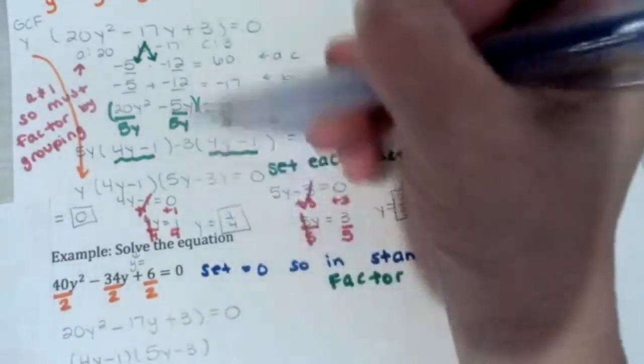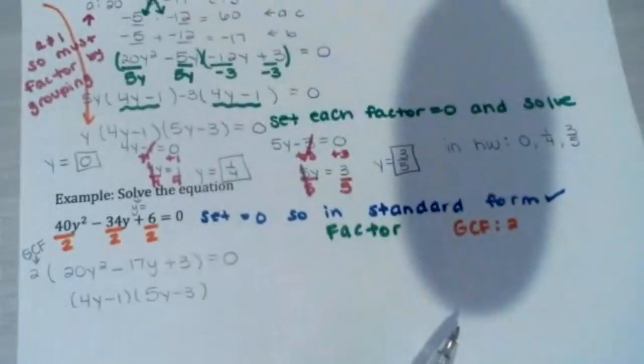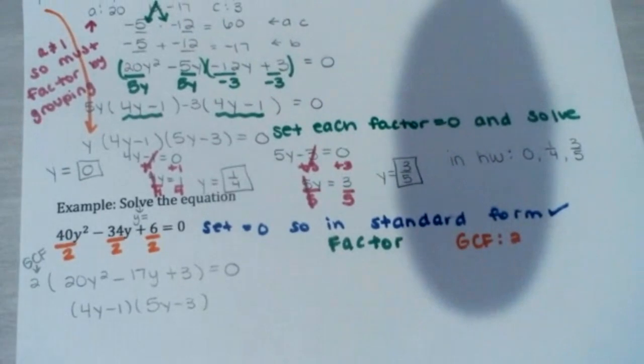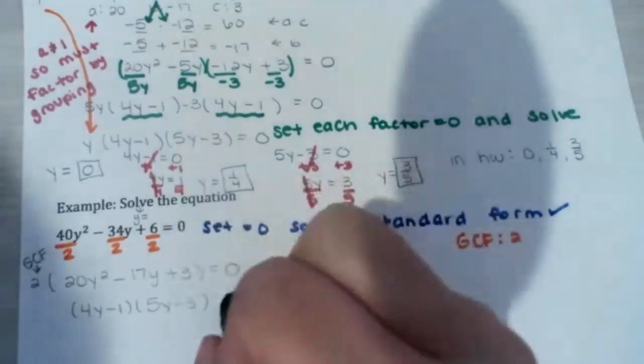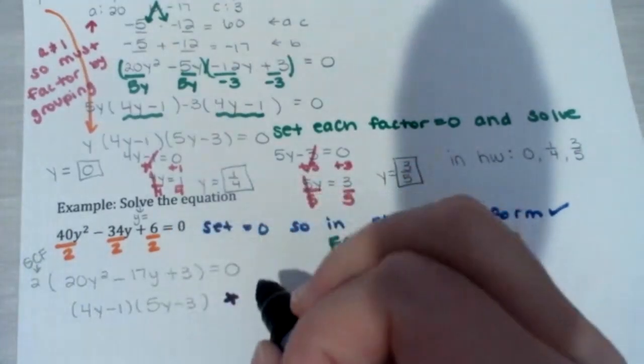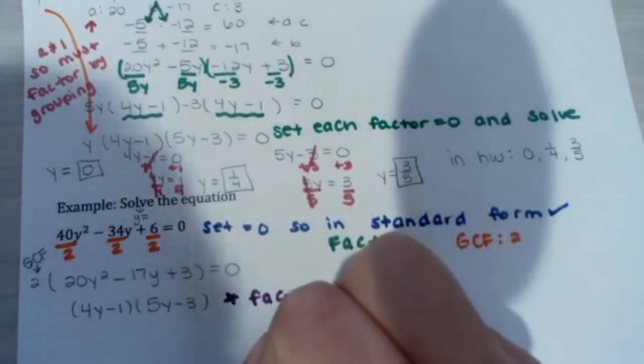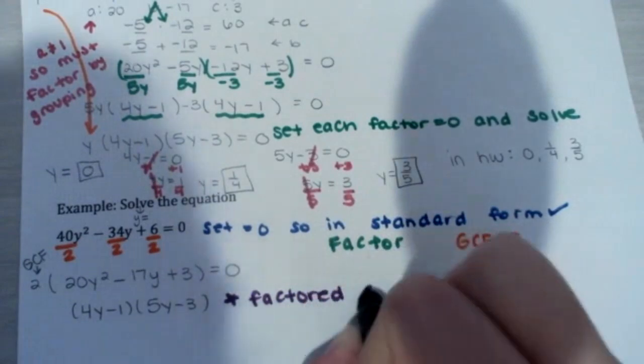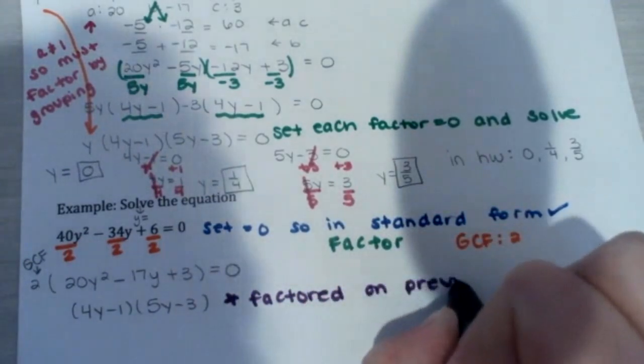We factored the same exact thing right up here. Let me write that as a little note so we know that's where we got that from: factored on previous example above.